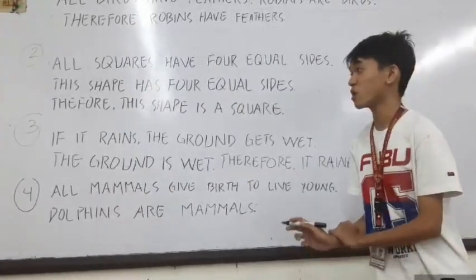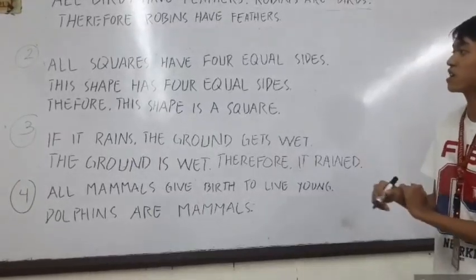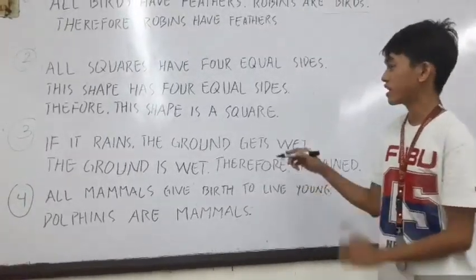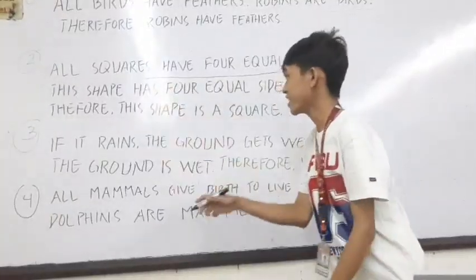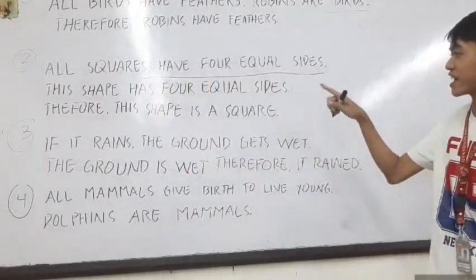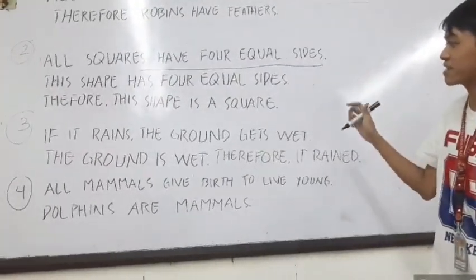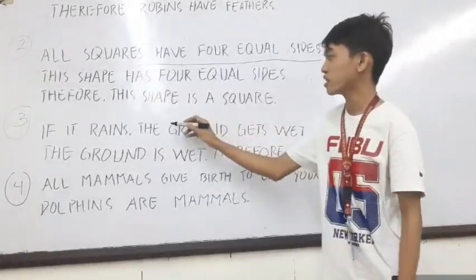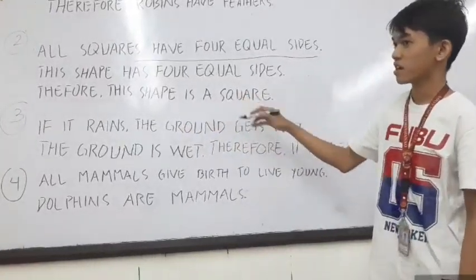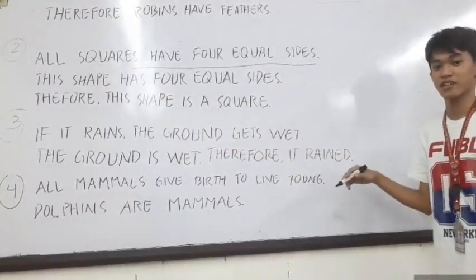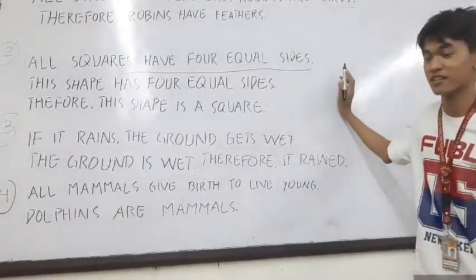This example also uses deductive reasoning because in this specific phrase it has 4 equal sides, so it directs to a conclusion that it is a square, because this is a fact and it is based on what deductive reasoning really is.